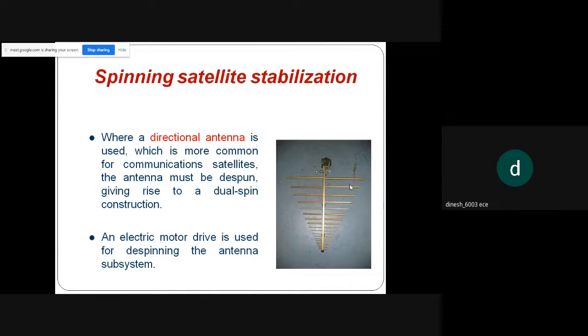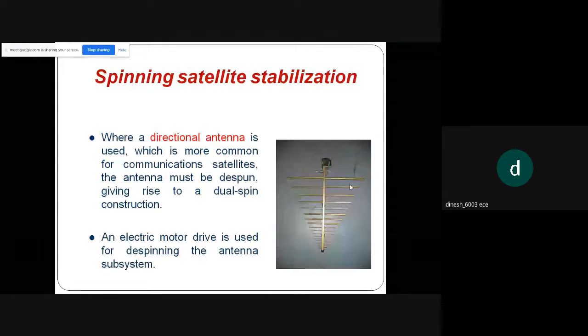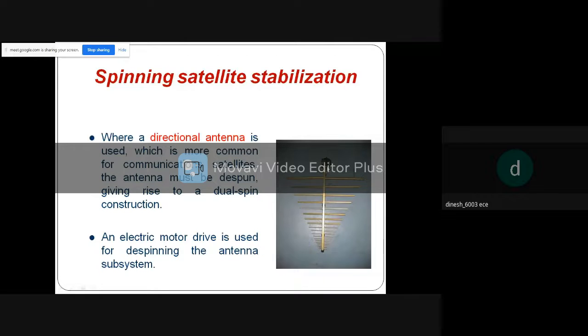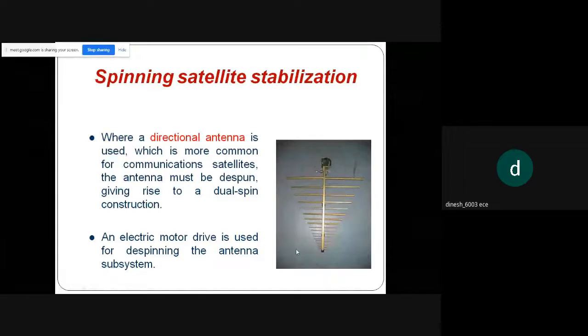The antenna must be despun, giving rise to dual spin construction. You can see here an electric motor drive used for despinning the antenna subsystem, at the top of the image. This is a diagrammatic representation of a directional antenna used in a satellite.